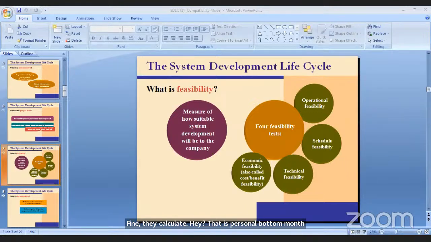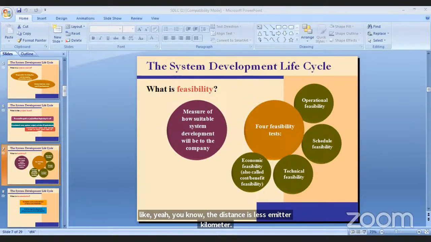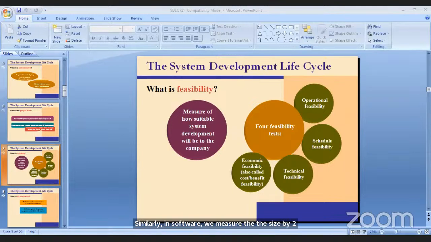Like we are measuring distance in units such as meter, kilometer, similarly, in software, we measure the size by 2 units. One is FP, function point, which is very frequently used. Another is LOC, that is lines of code.